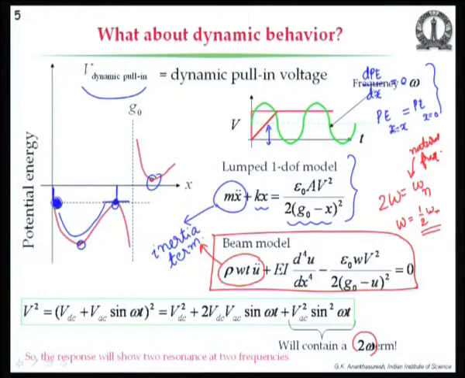So, rho w t will be mass per unit length, and then u double dot, d square u by dt square, is like the x double dot equivalent, and then this other portion is the same thing. This is the beam equation, this is the electrostatic force, okay, and that is the equation that we need to solve, and it will display the same behavior as the 1D model that we have shown. So, that will have a static Poisson voltage, dynamic Poisson voltage, and all other features.